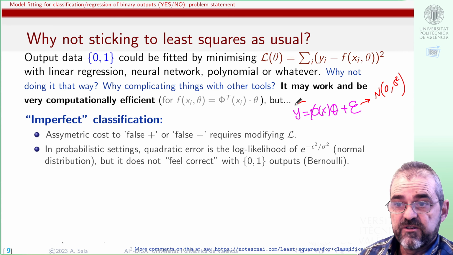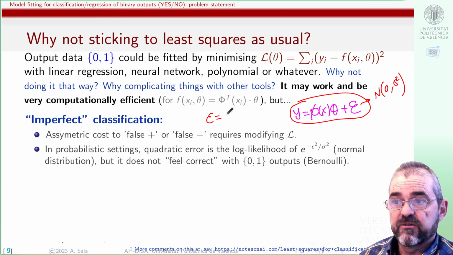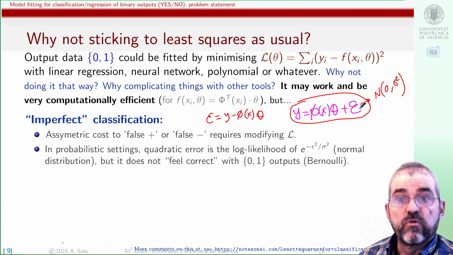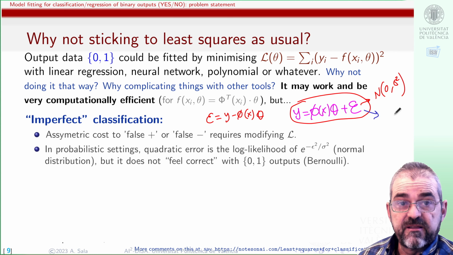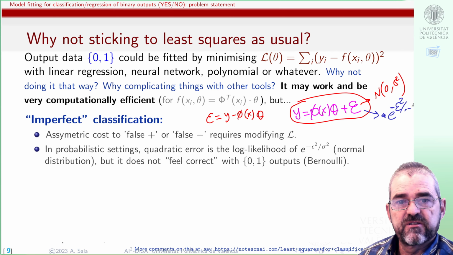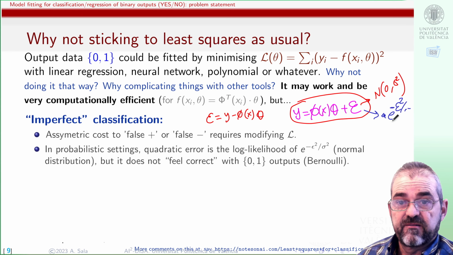If we assume this, then the fit error has a normal distribution, so its probability density function will be something times the exponential of minus r squared divided by the variance, etc. So the log likelihood of this will be r squared.